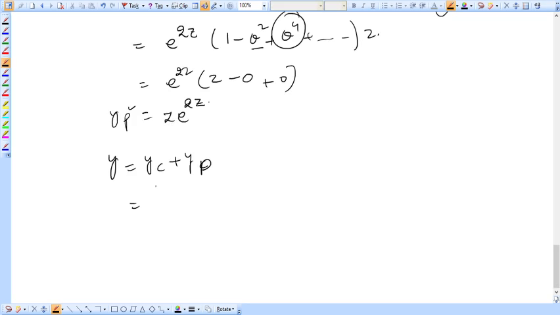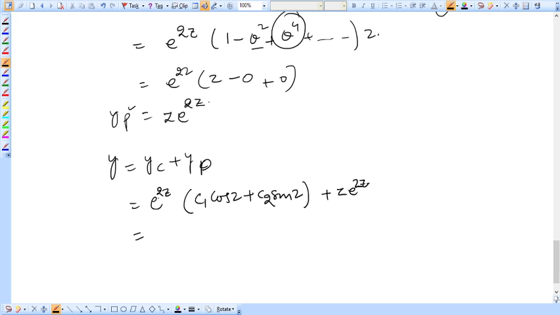So yc is e raised to power 2z, c1 cos z plus c2 sin z, right? Plus z e to the 2z.